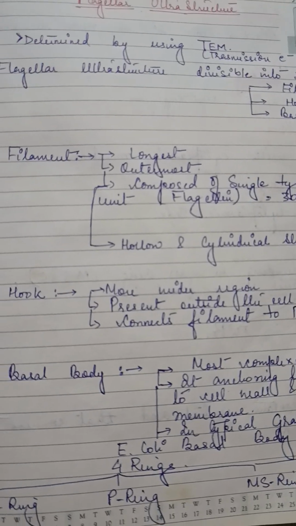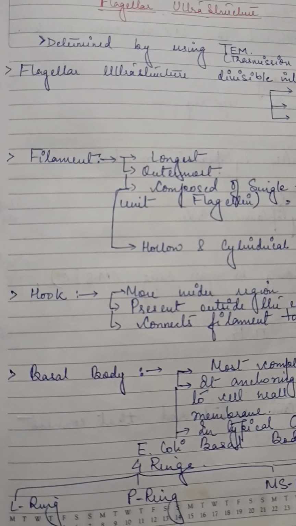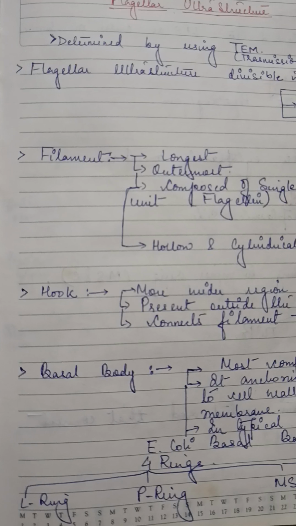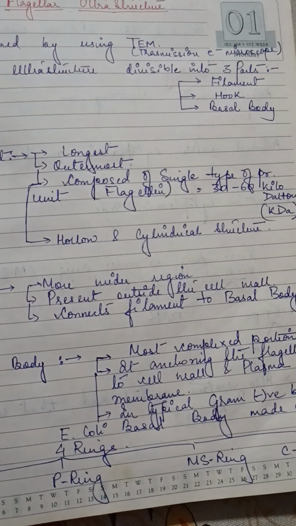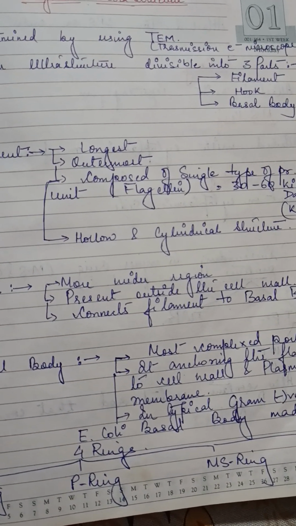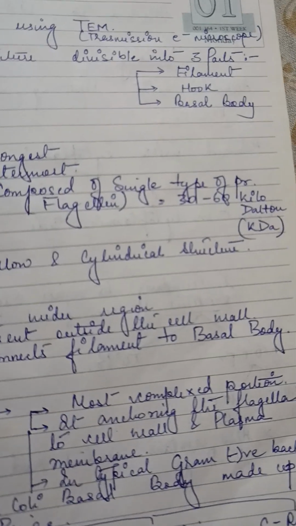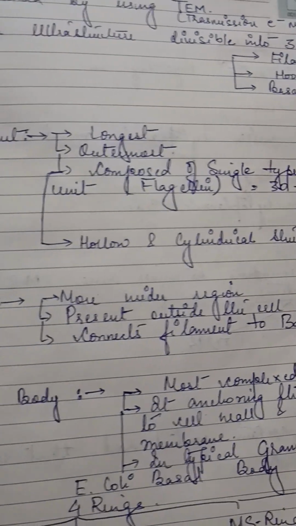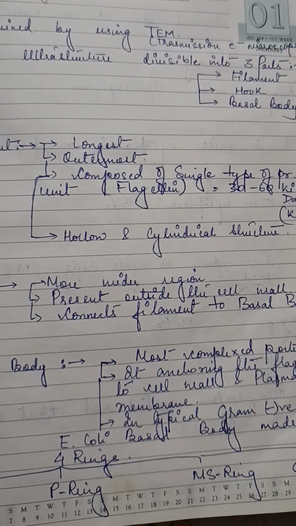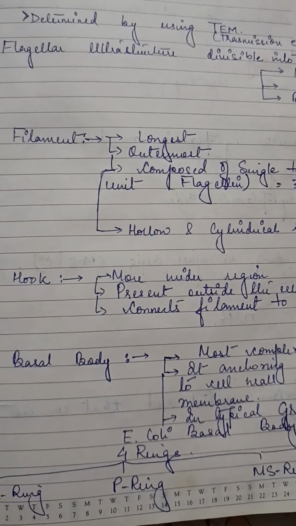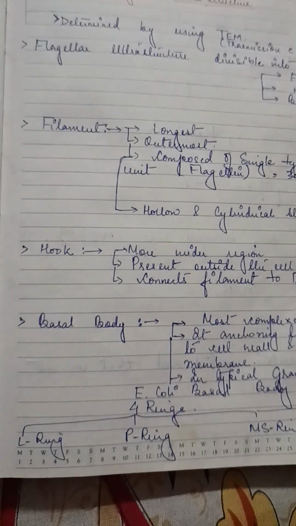The filament is the longest and outermost part of the flagella, and is composed of a single type of protein unit called flagellin, which is 30 to 60 kilodalton. It is a hollow and cylindrical structure.